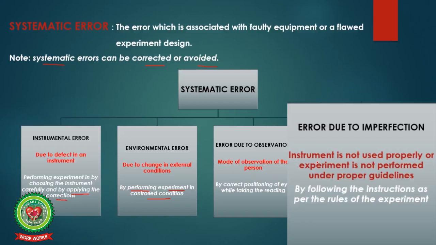If we take a thermometer under the armpit instead of tongue, the temperature will always come out to be lower than the body temperature. It means there is no mistake in our thermometer, but the experiment, the way we are performing or the way we are using the thermometer is wrong or different, which results in an error which is called error due to imperfection. And how you can avoid it? By following the instructions as per the rules of the experiment.